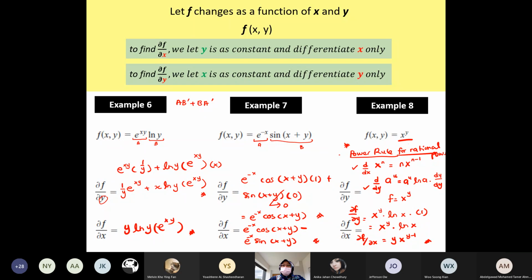So here is the fixed formula to solve for dx over dy, right? Okay, so any question on this example?